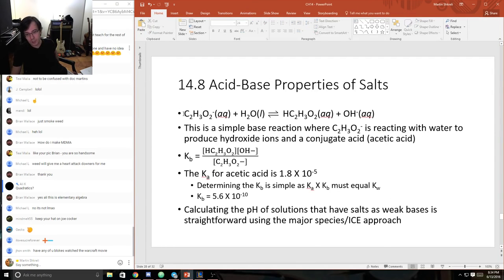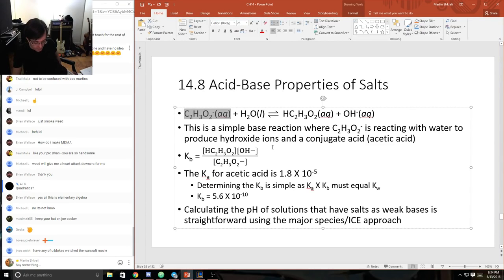So what does this look like? Well, here's the ion, and let me just take a look here, what page we're on, 686 and 687. So the acetate ion will demand the protons from the water, and so here's what it'll look like.